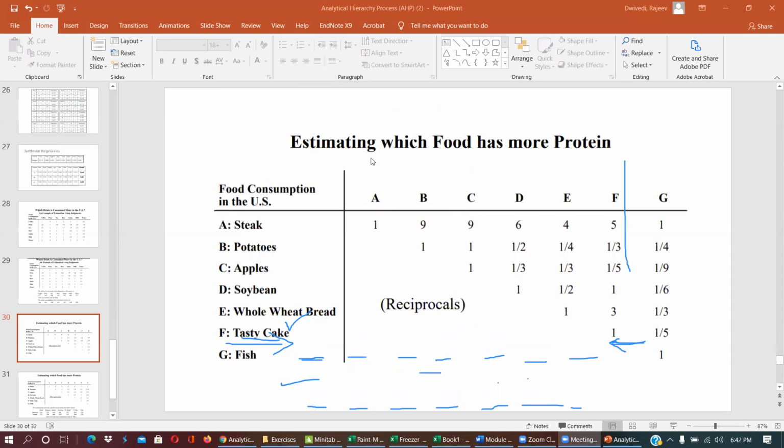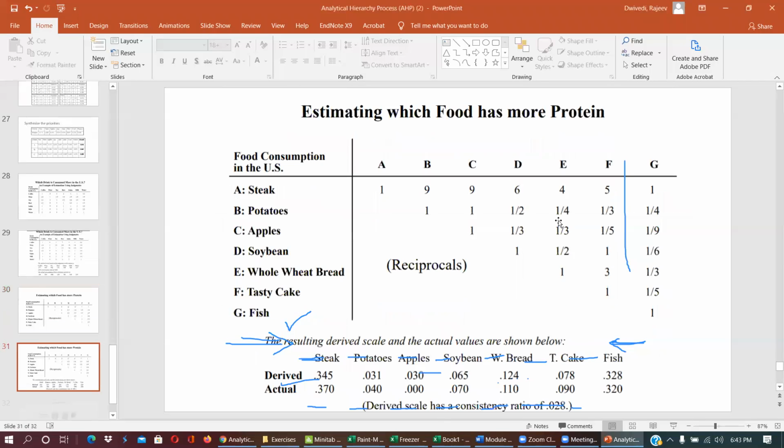Now estimate which food has more protein. So steak, potatoes, apple, soybean, whole wheat, tasty cake, and this is a pairwise comparison. You have to make this reciprocal in the matrix. This is a matrix. Now you have to fill in the reciprocal values, and then you need to determine.